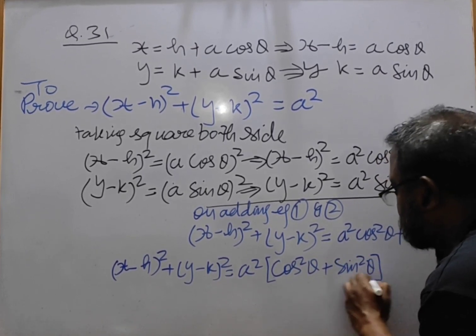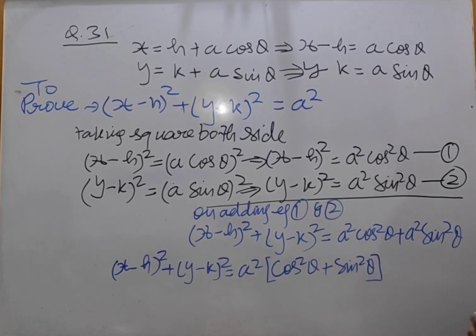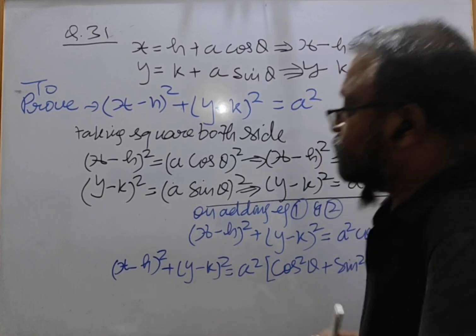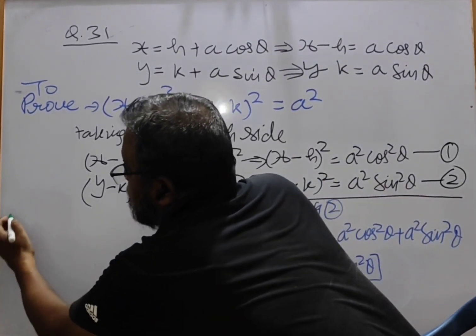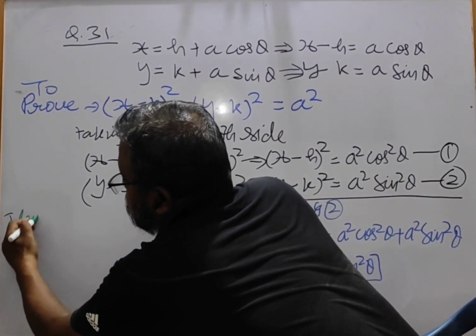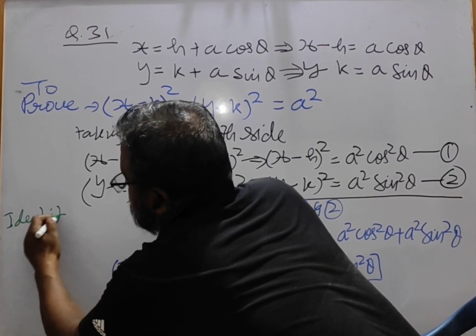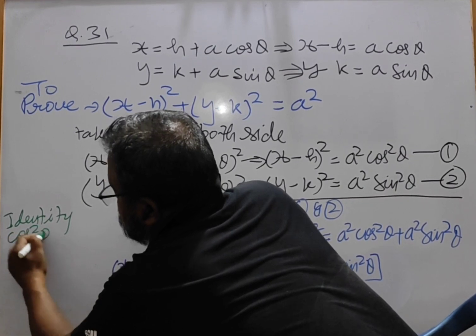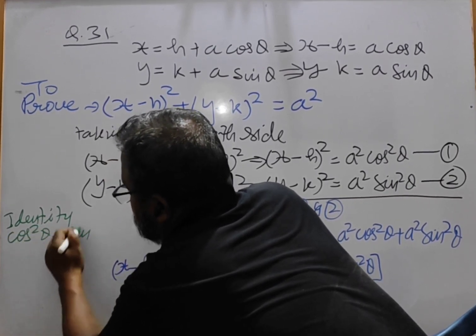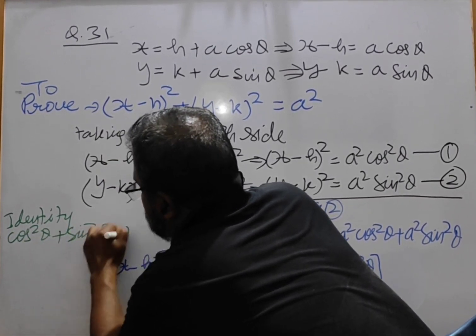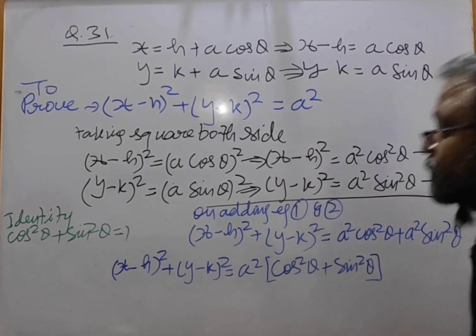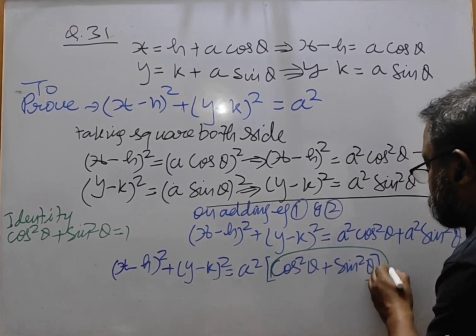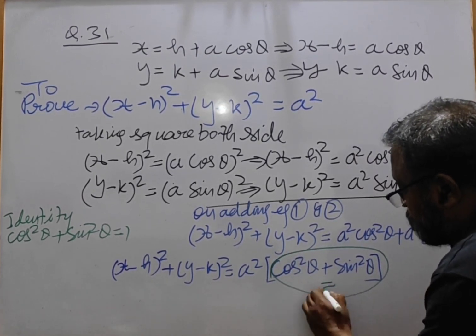So what identity we know? We know that the identity is cos square theta plus sin square theta is equal to 1, right? So in this place we can write 1.